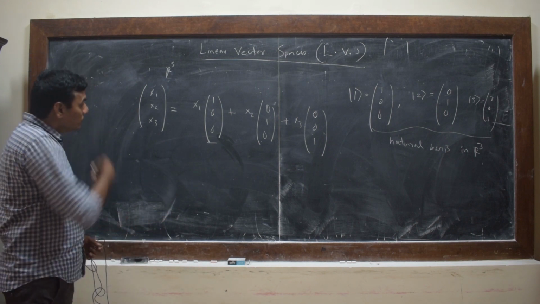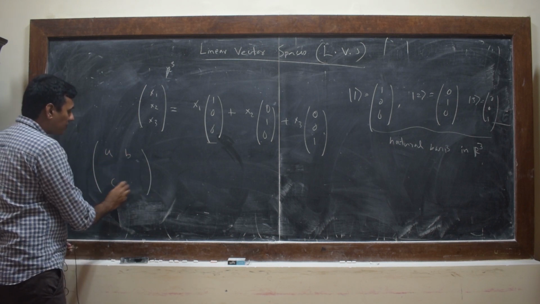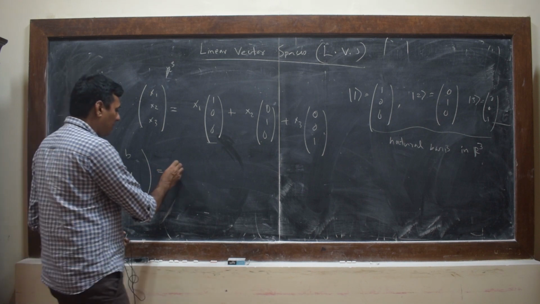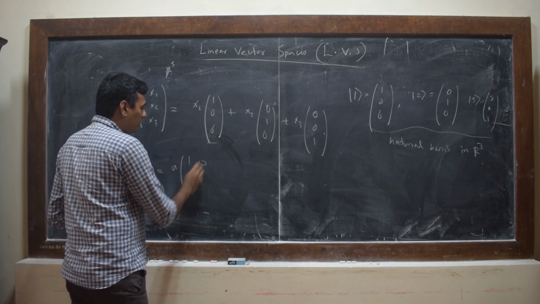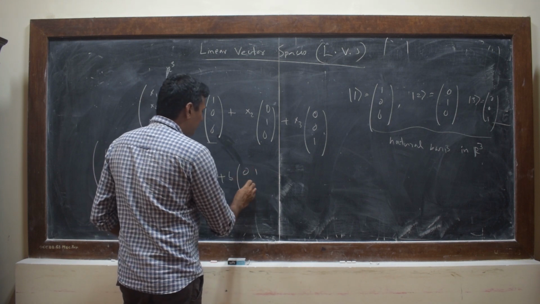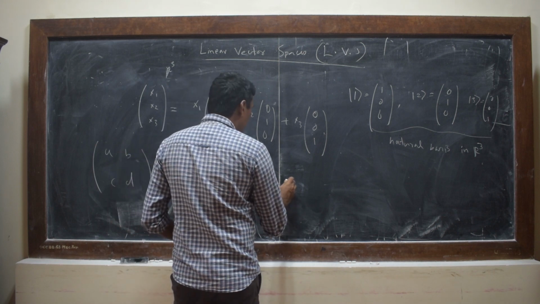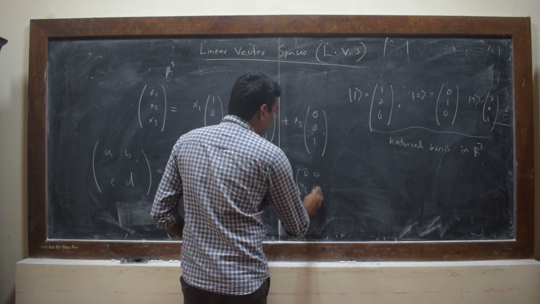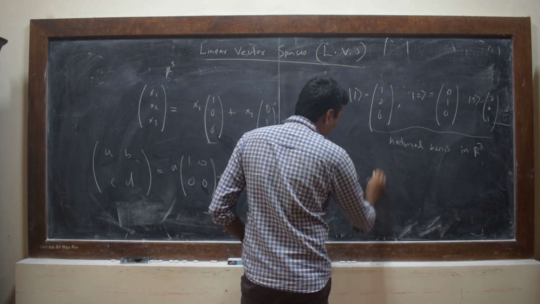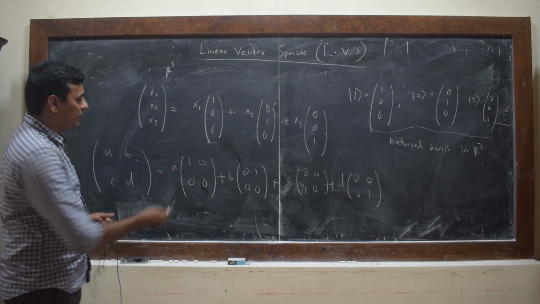Now suppose you have a matrix ABCD. You can expand this 2 cross 2 matrix in this basis: A into [[1, 0], [0, 0]] plus B into [[0, 1], [0, 0]] plus C into [[0, 0], [1, 0]] plus D into [[0, 0], [0, 1]].